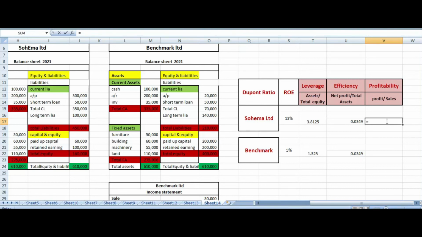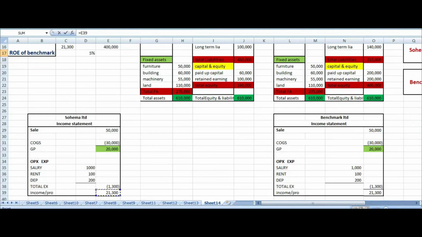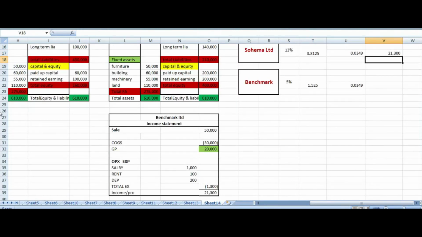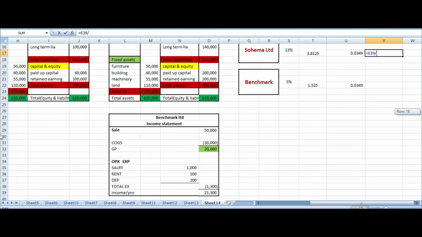For calculating the profitability ratio, we have to divide our profit by total sales. The profit of Soima Limited is 31,300, and this company has a sales figure of 50,000.